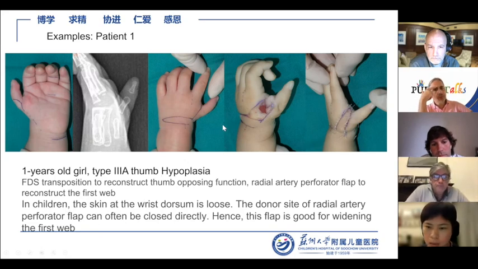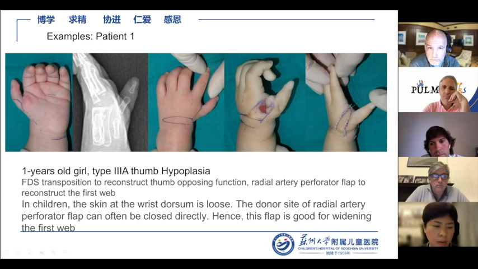And this is the flap to reconstruct the first web. In children, the skin at the wrist dorsum is loose. The donor site of the radial artery perforator flap can often be closed directly. Hence, this flap is good for widening the first web.